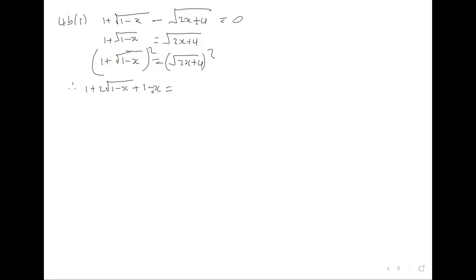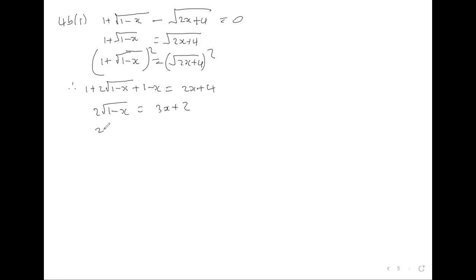On the right, we have 2x plus 4. So collecting the like terms, we have 2 root 1 minus x equals 3x plus 2.